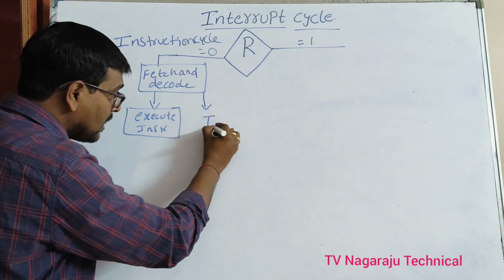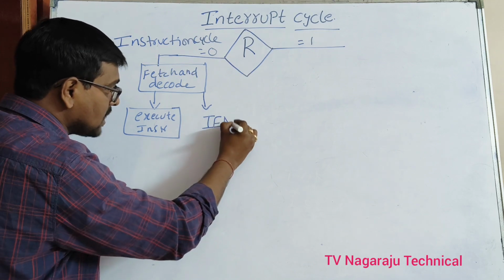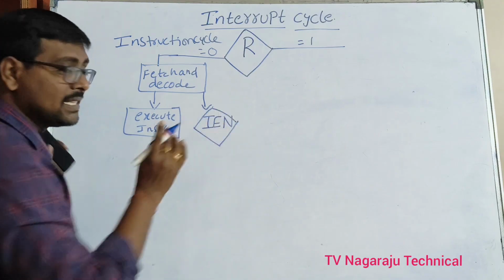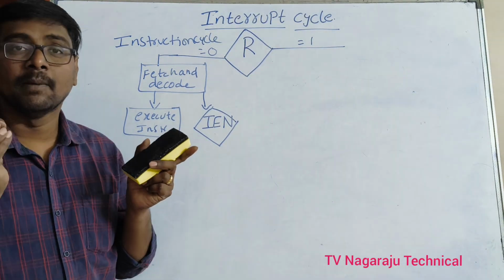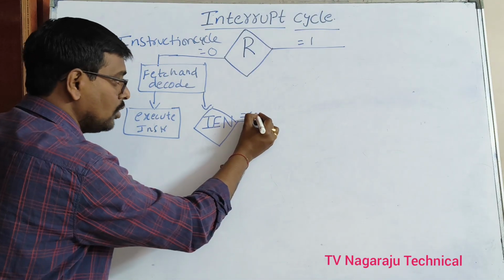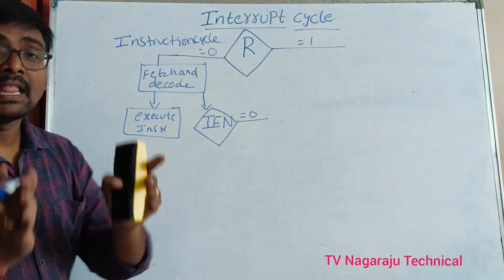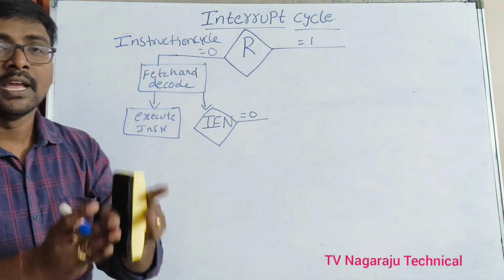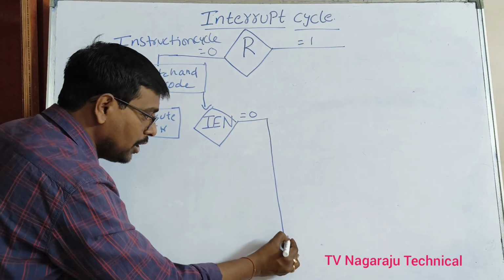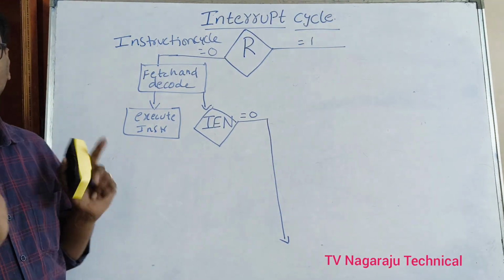now understand, the computer checks the IEN, the interrupt enabled flag. Suppose the interrupt enabled flag is equal to 0, in the sense the interrupts are disabled. If the interrupts are disabled, the computer continues with the normal execution.